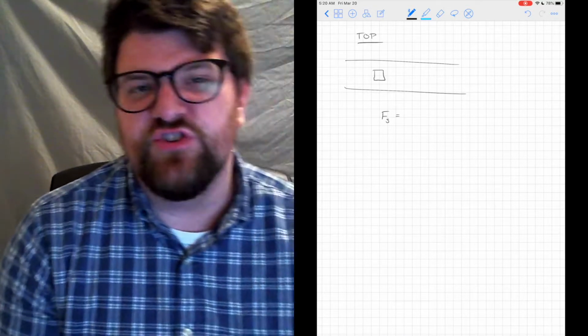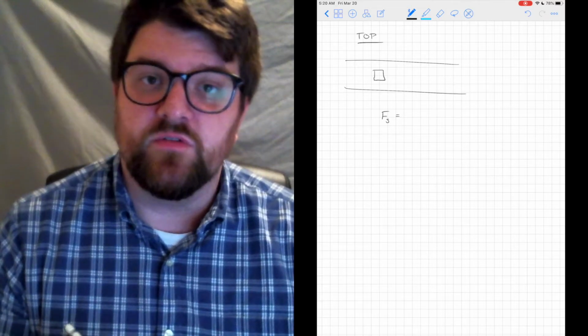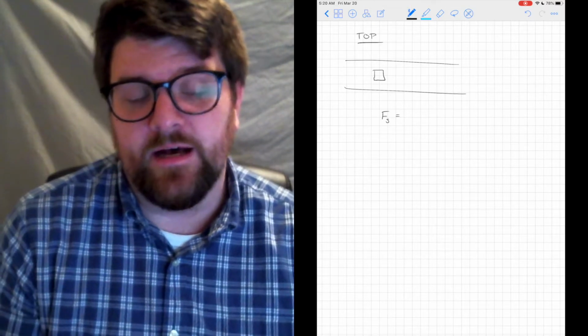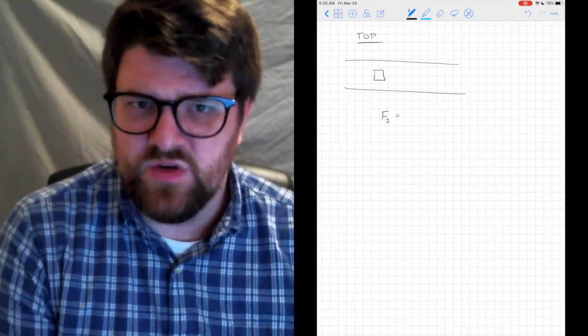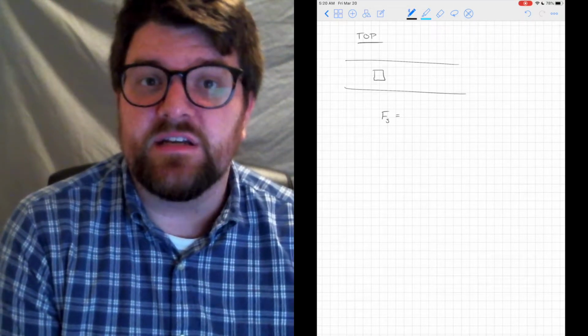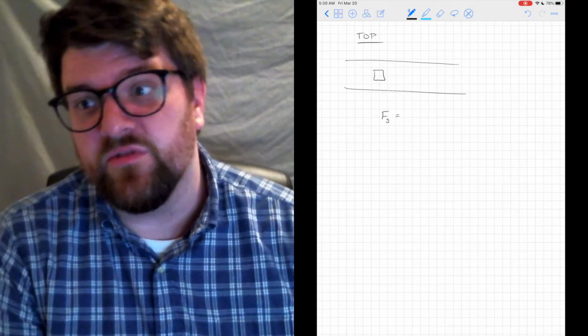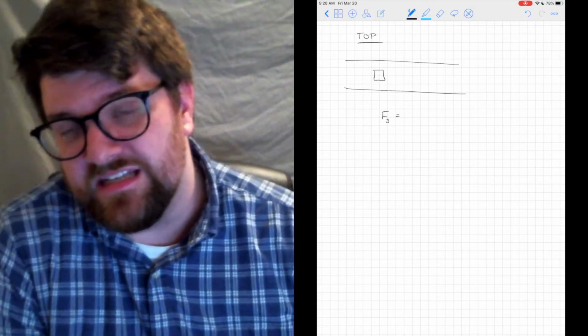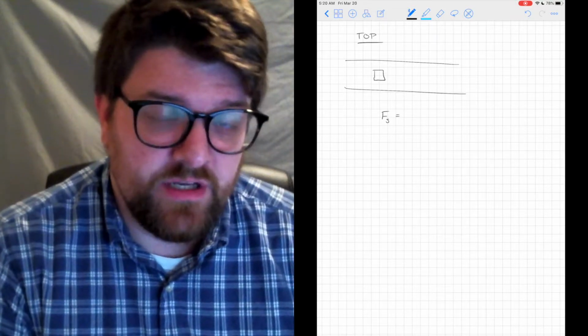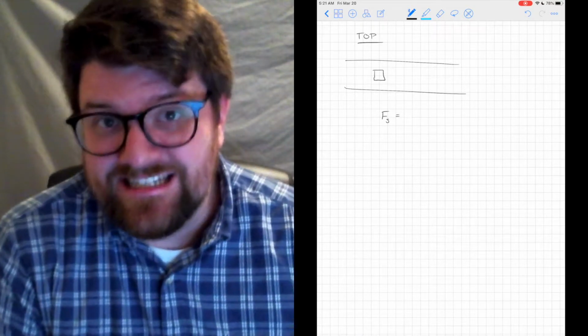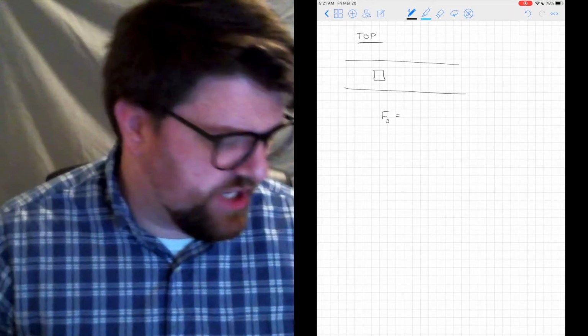I'm going to use that general directional variable called S that we used a lot in chapters 1 and 2, basically because I don't know if it's going to be in X, in Y, or in Z. I'm just simply saying that it's going to be in a direction, and that direction is going to be S, to be just nice and general.